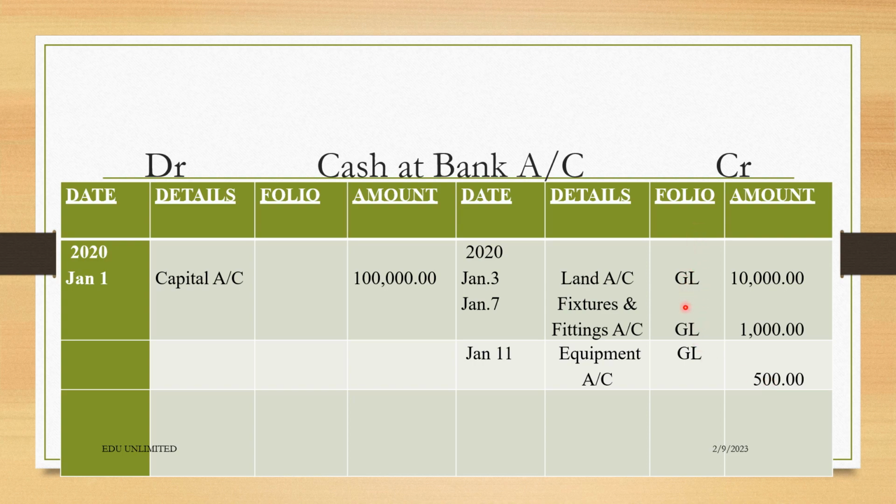All of them being in the general ledger. So under the folio column, we put GL, standing for general ledger. We put the amounts 10,000, 1,000, and 500, and we put the details land account, fixtures and fittings account, and equipment account respectively. So this is a look at the cash at bank account after this series of transactions.